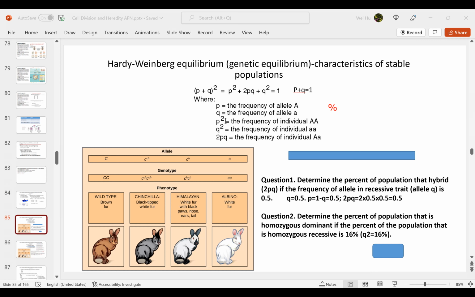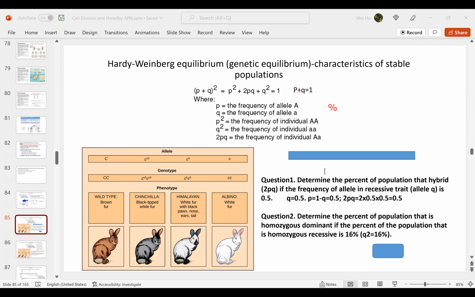Now P squared means the percentage of individuals with big A from both parents, so they are homozygous dominant. Q squared means the frequency of individuals where both parents gave a small a. Again, it's a percentage. 2PQ means your body cells have a big A and also a small a.